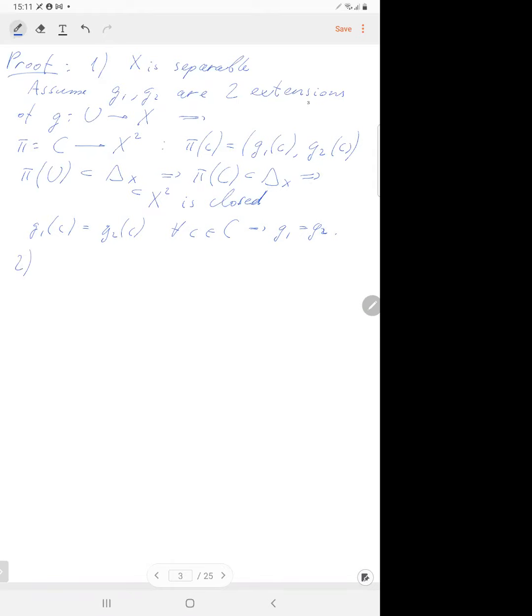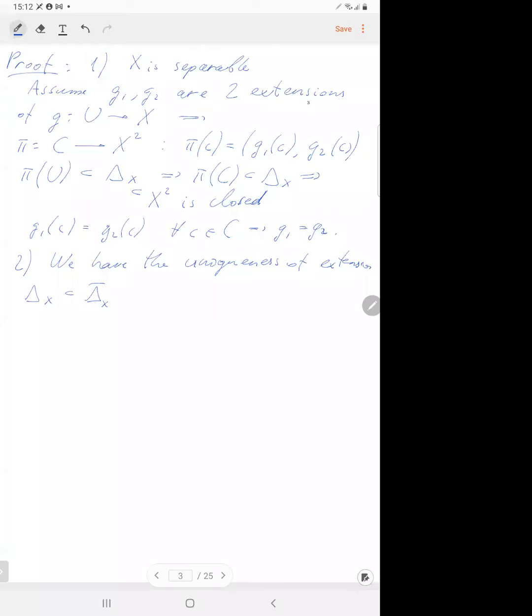Now, conversely, in the opposite direction, assume that we have uniqueness of extension. And now let's consider the closure of the diagonal delta X. We do not assume that X is separable anymore.